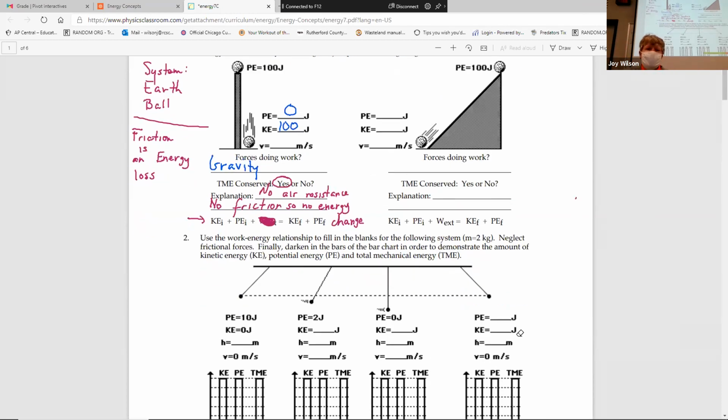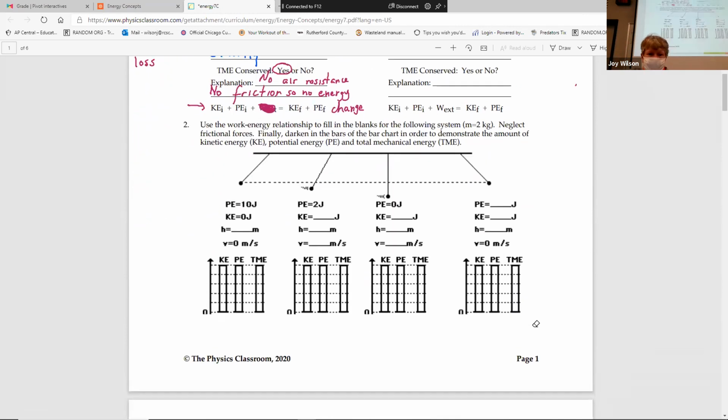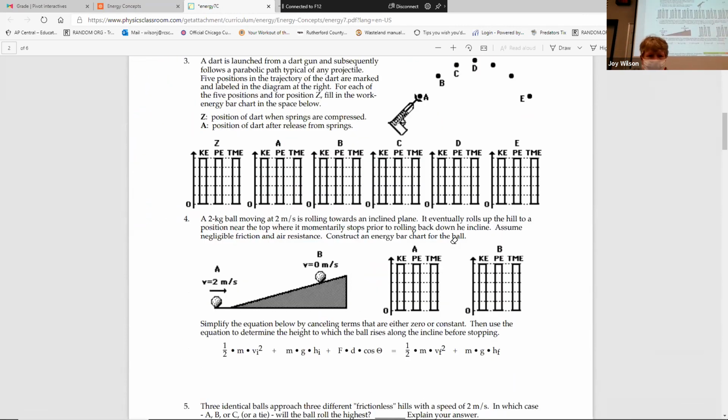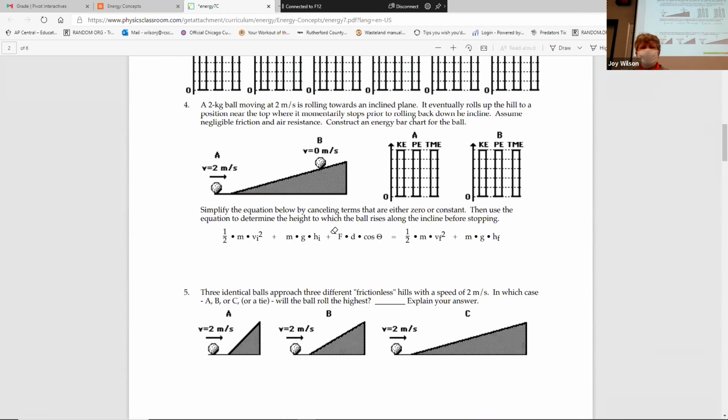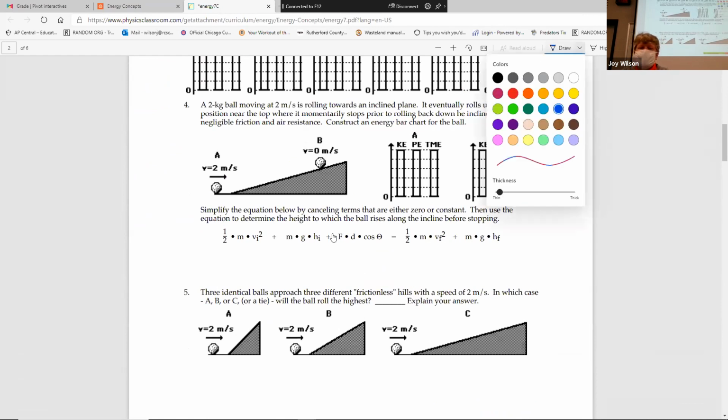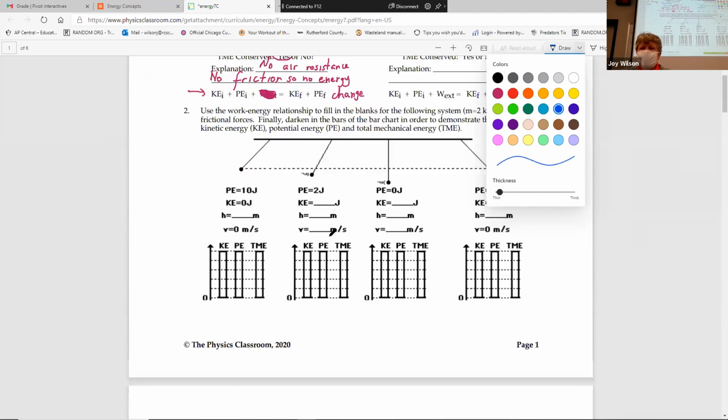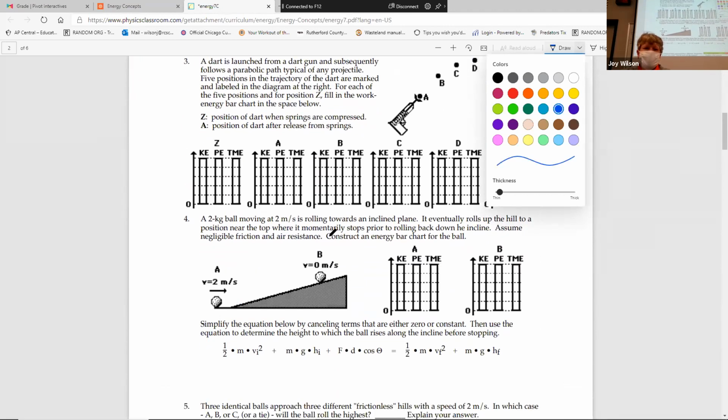All right. So let's look at number 4. We haven't done number 4 yet. Second page. So it's the big packet. We're now on the second page. Look at number 4.